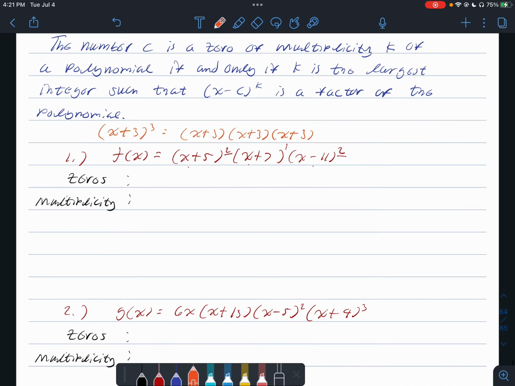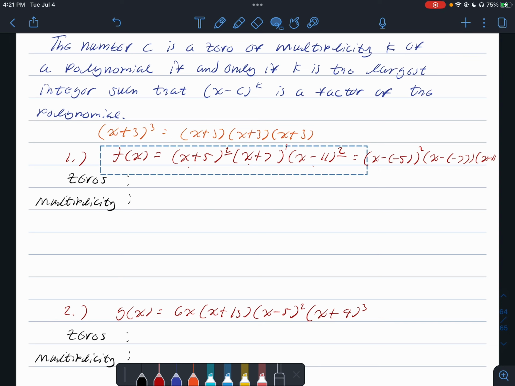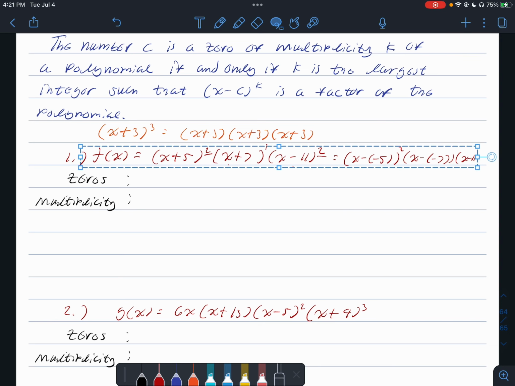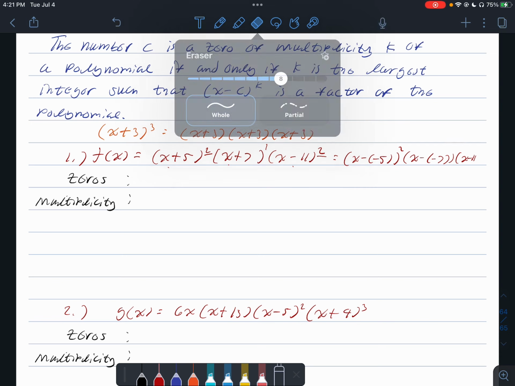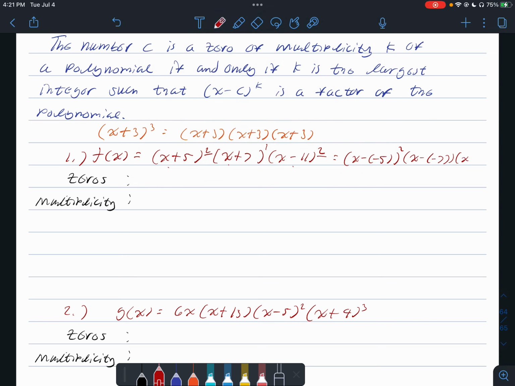If it's of the form (x minus c) to the k, we can rewrite this as (x minus negative 5) squared times (x minus negative 7) times (x minus 11) squared. That's another way we could do this.